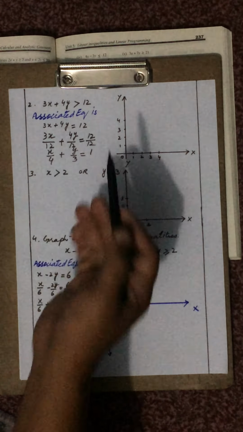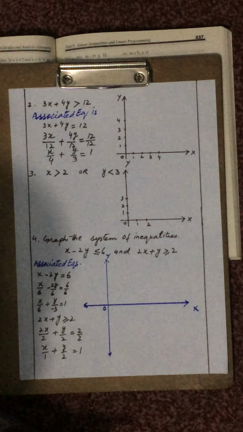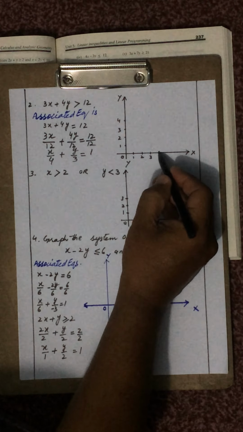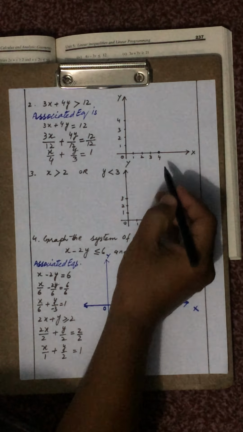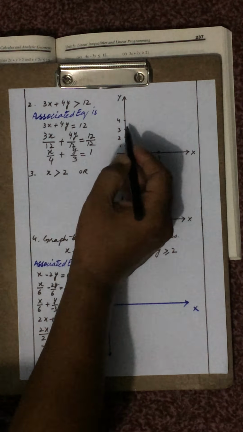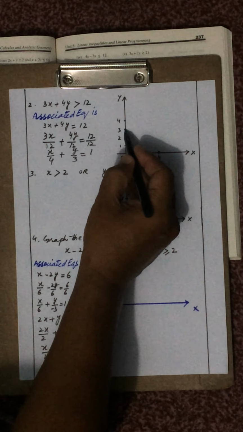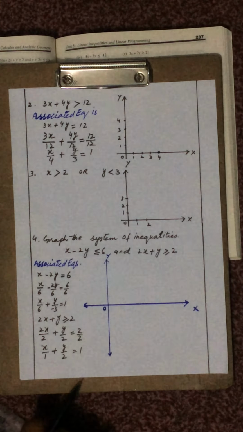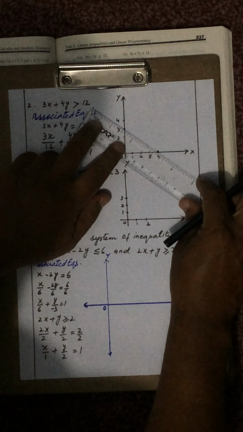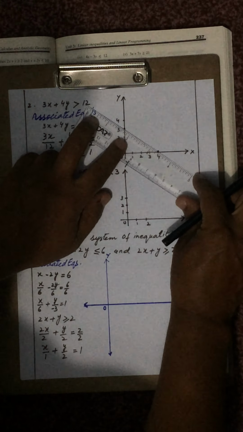So the x-intercept is 4. Take a point at 4 on the x-axis, and the y-intercept is 3. So take a point on the y-axis, that is 3. Join these two points.